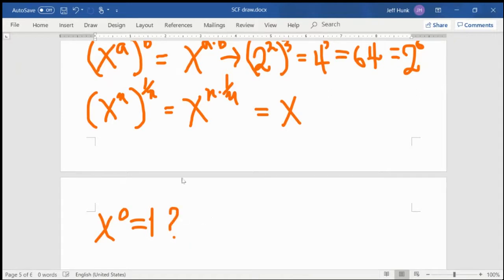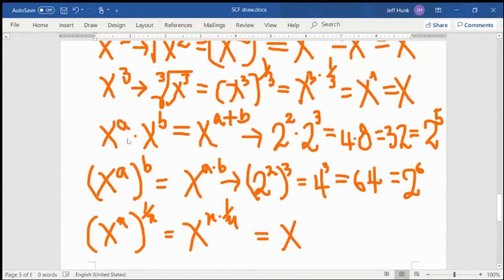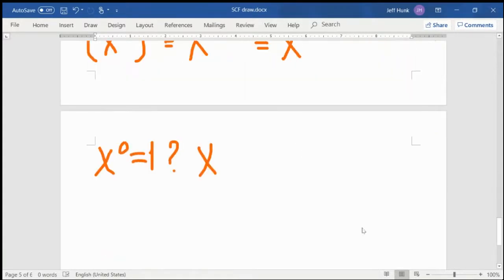First of all, using these properties, one of the properties was this: x raised to a, times x raised to b, is x to the a plus b, right? Isn't that right? So let's try that.